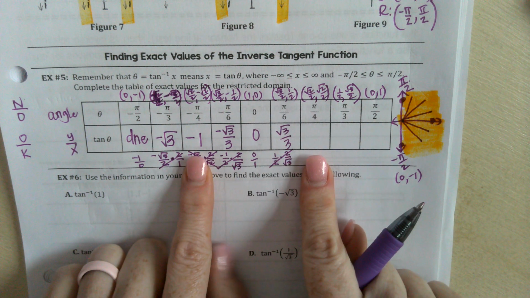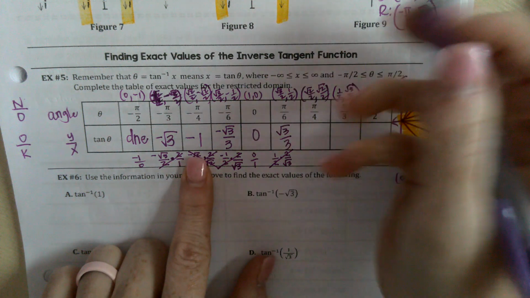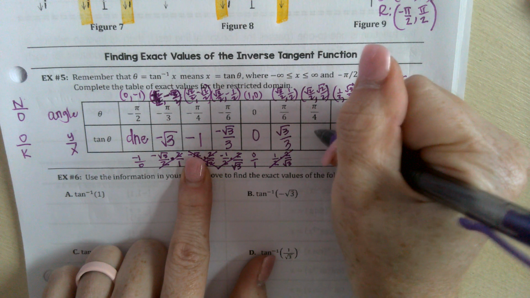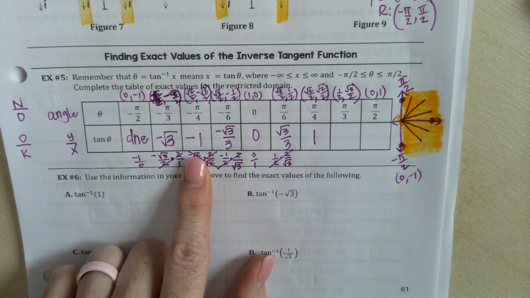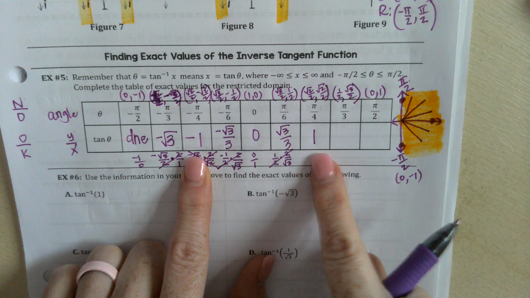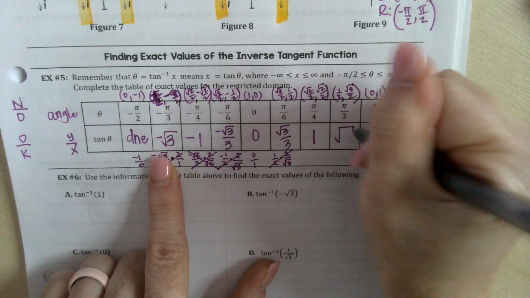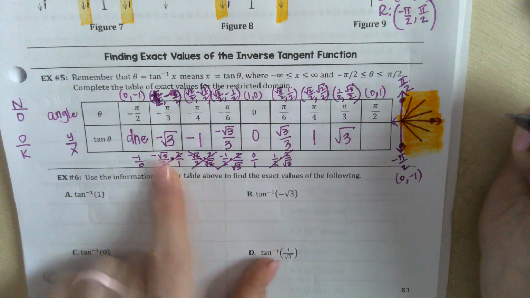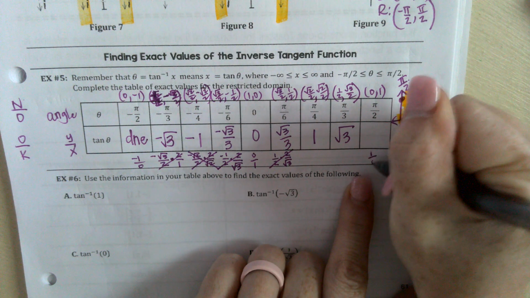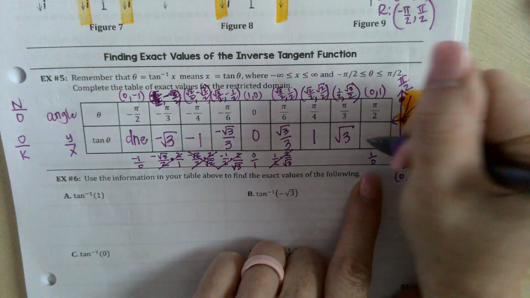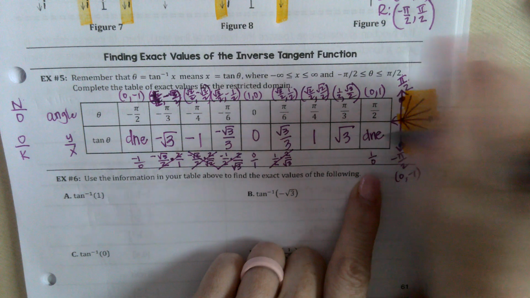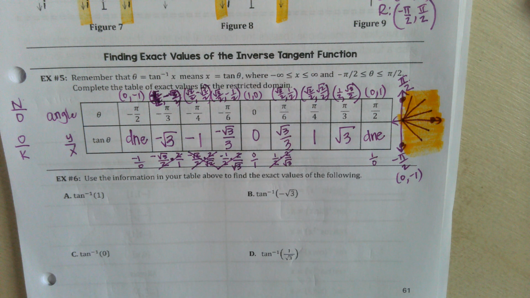This is going to be a reflection, okay, with sign changes. So this becomes positive 1, okay? And then right here, this is going to be positive root 3. And then right here, if I do 1 over 0, does not exist.